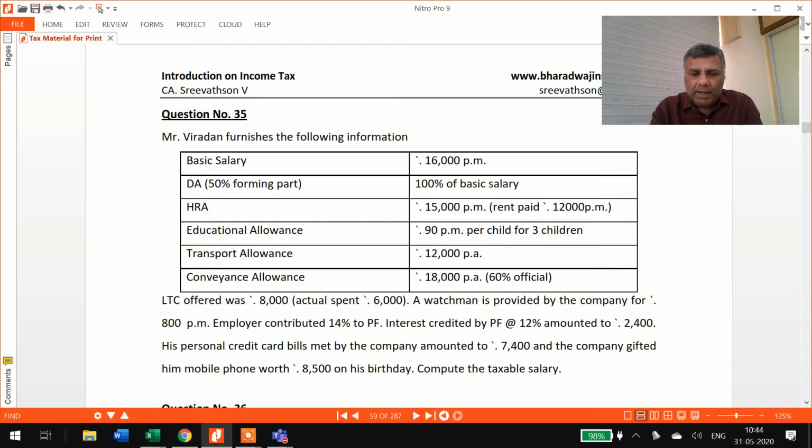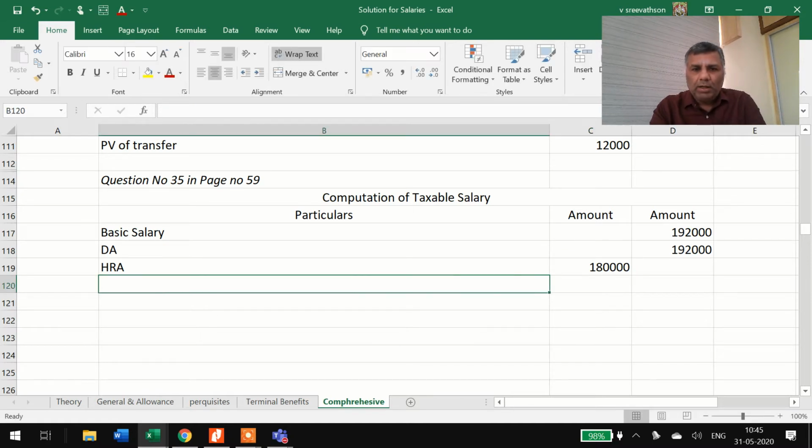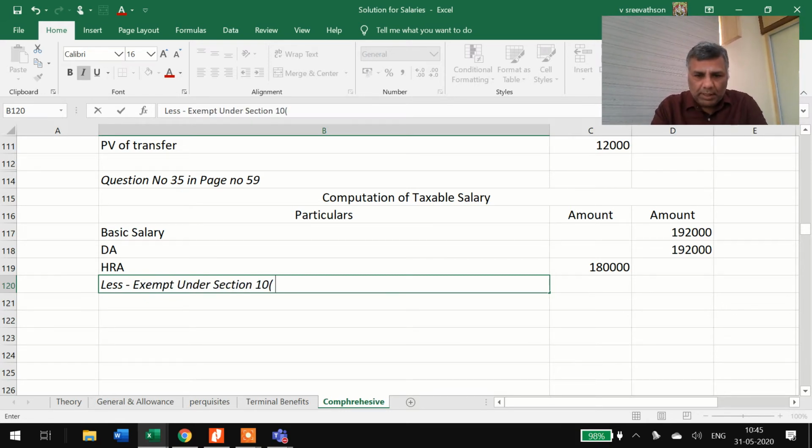HRA, my dear friends, received is 15,000 into 12, 1,80,000, less exempt under section 10 subsection 13A.